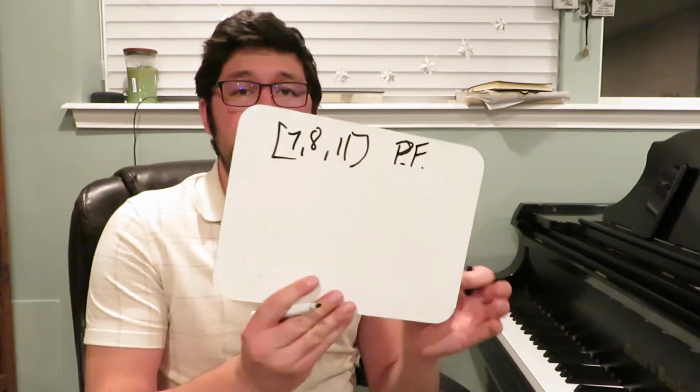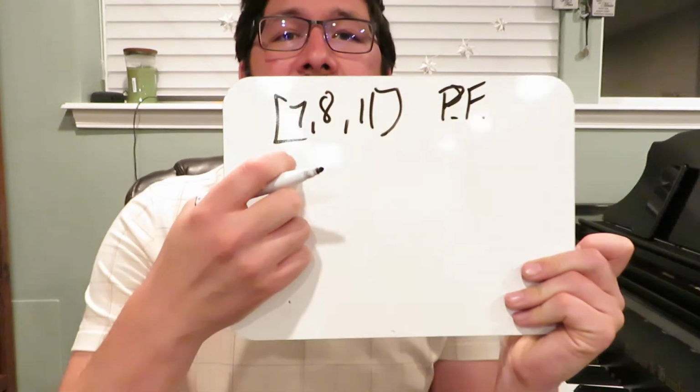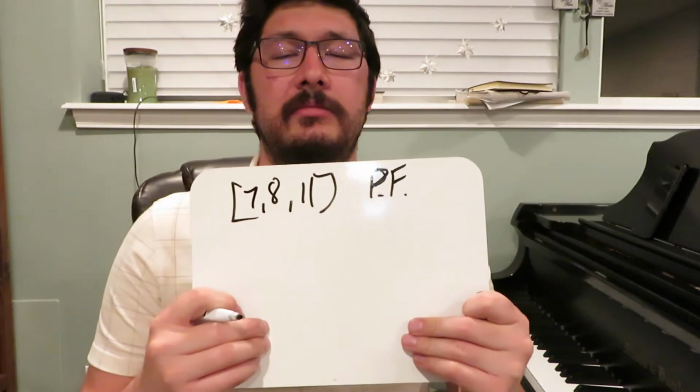So let's take the set that we have been using, which is 7, 8, and 11. We want to get to our PF, or prime form. We need to make this first number 0. How do we get that to 0?